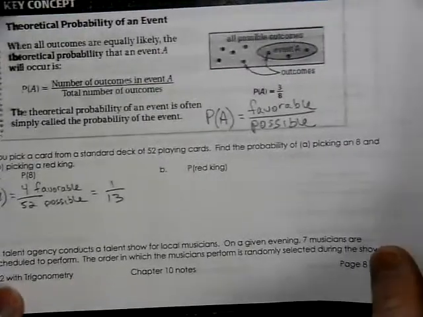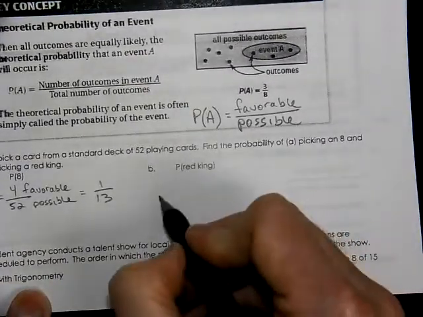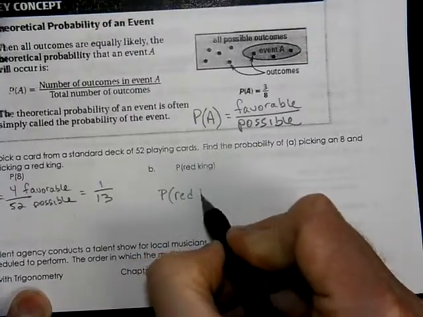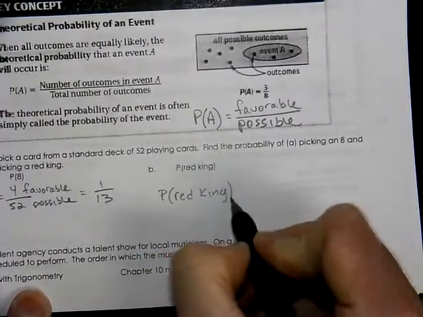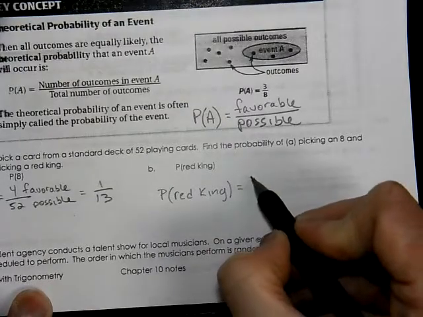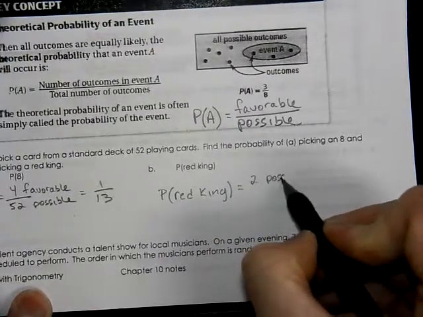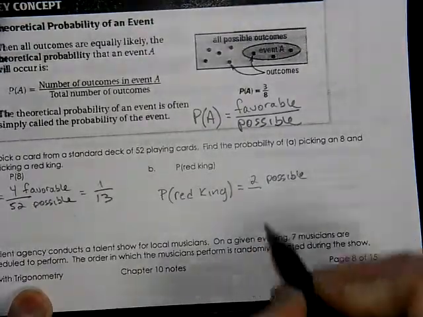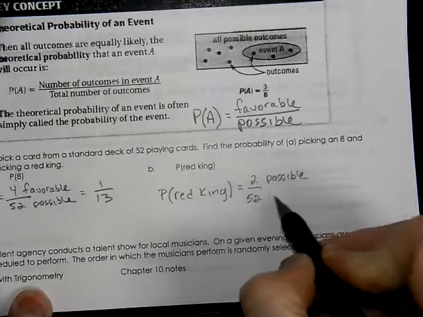What's the probability of a red king? The probability of a red king, there are 2 red kings out of 52 cards.